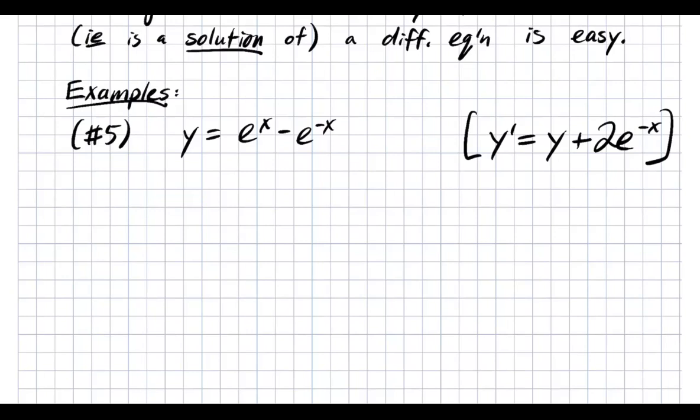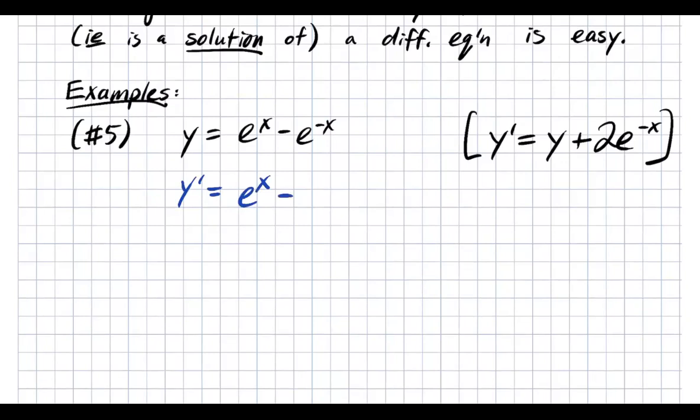So first of all, let's take the derivative of y with respect to x. So I'll represent that with y prime. So the derivative of e to the x with respect to x is just going to be e to the x. And the derivative of e to the negative x, in this case, we'll have to use the chain rule.